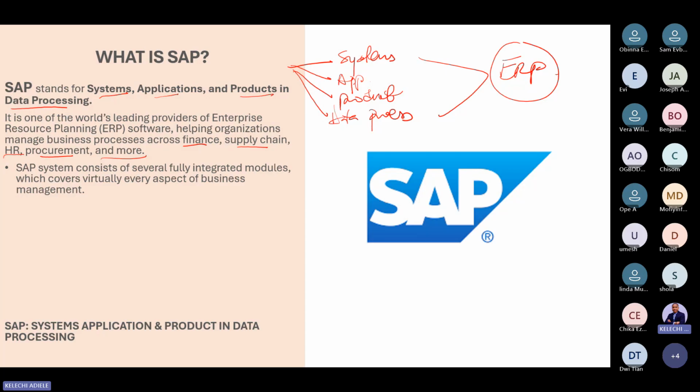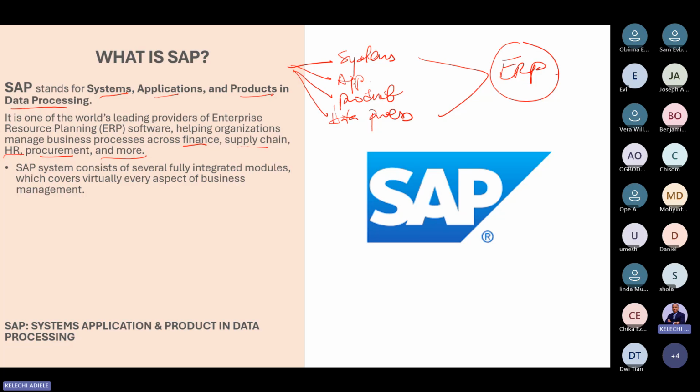One of the functions of ERPs is that it helps organizations manage business processes across different functions. That's why I said I didn't want to define ERP, but from the explanation, you will understand. And these functions are finance, supply chain, HR, and a whole lot more.